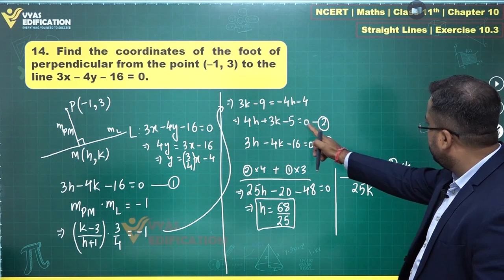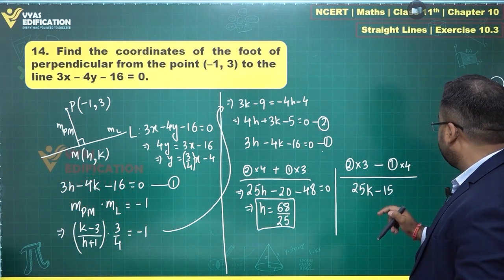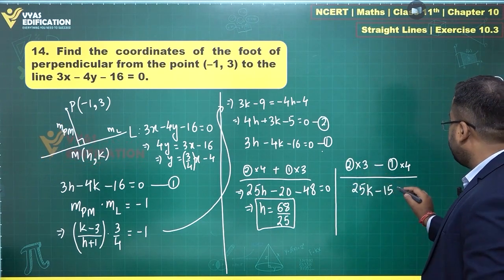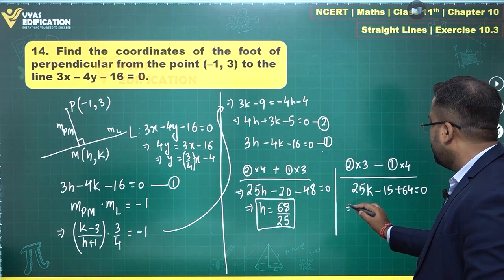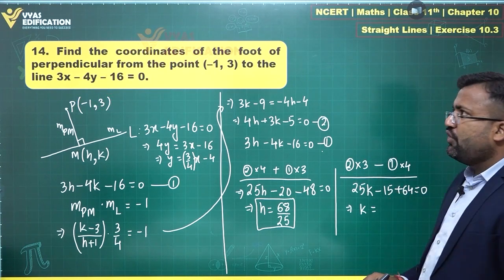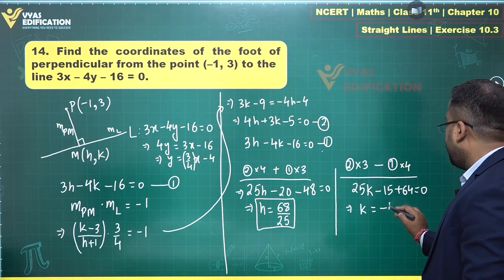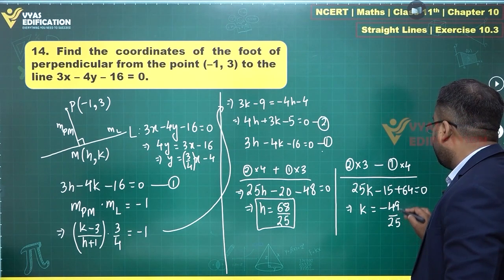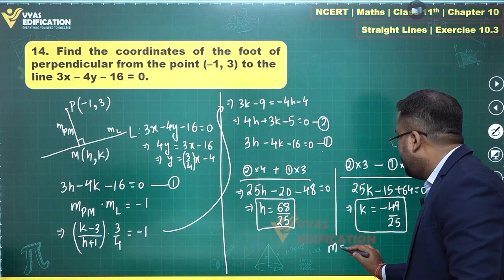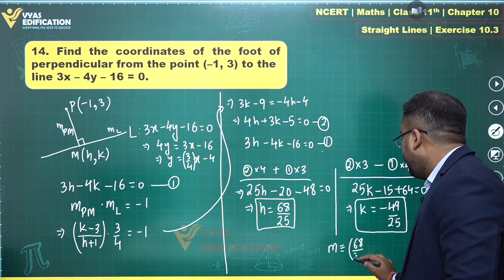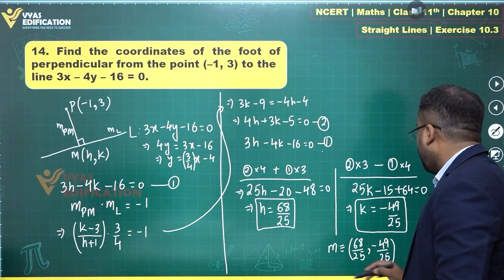Next we have minus 15, and 16 into 4 will be 64, but there is an extra minus over there, so that becomes plus 64, equals 0. On the right hand side you have a 0. This gives me 25k equals 15 minus 64, that will give me minus 49, and this becomes k equals minus 49 upon 25. So the coordinates of M will be 68 upon 25 comma minus 49 over 25. That's what you have, right?